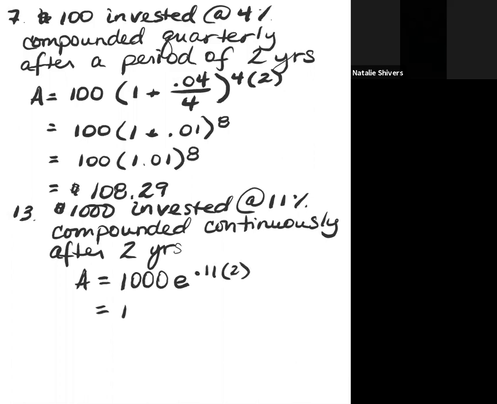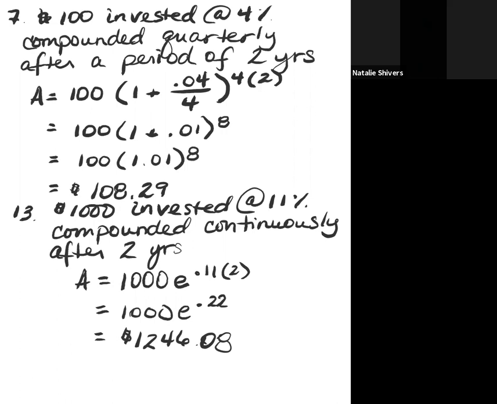So again, I do recommend to simplify this before you type it into a calculator. I like to put e to the 0.22, hit enter, and then multiply by 1,000. And I get $1,246.08. So look at the difference between continuous compounding. Well, I guess this is a lot more money. Never mind. This is $1,000 versus $100.